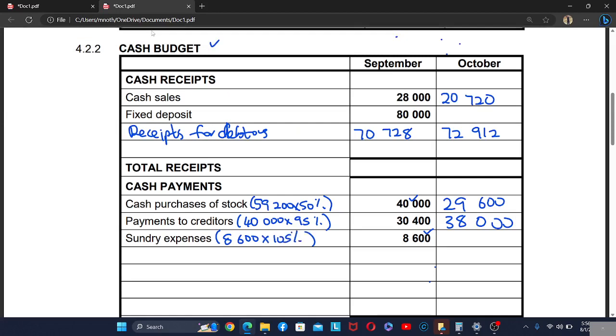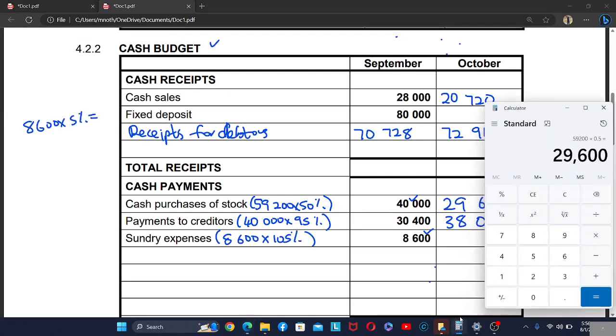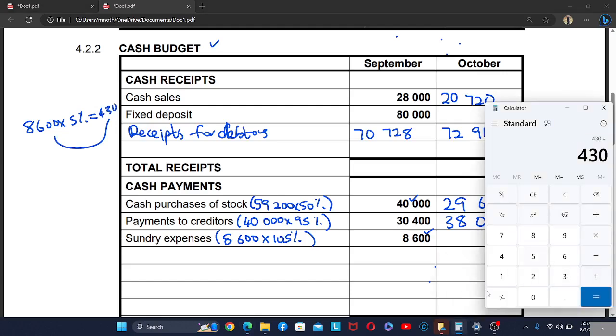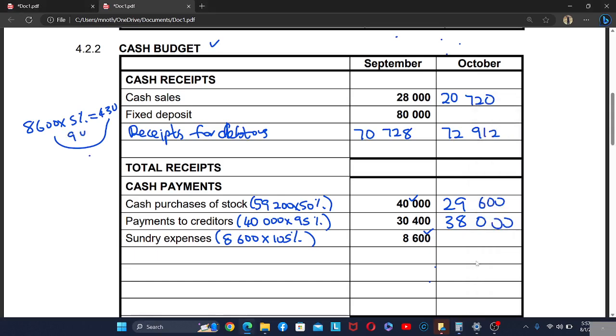Or you can just say 8.6 multiplied by 5% increase. It is going to be 430. Then we're going to add this 430 to 8.6. So you can see that it's going to be the same amount, 9,080. Okay.